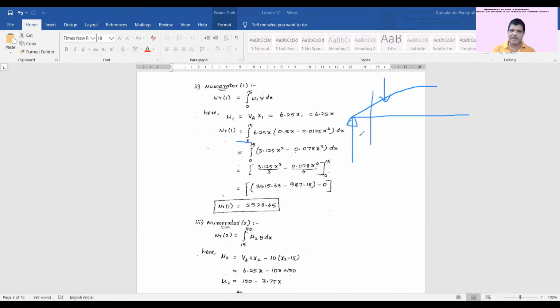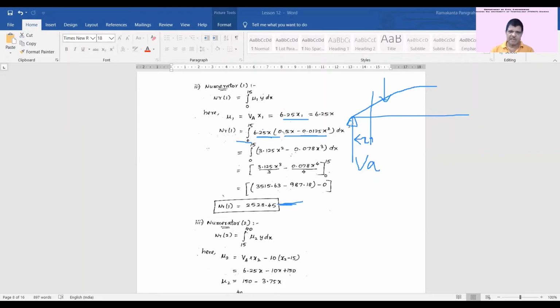Just like a beam, if you take a section at x, this is VA into x. So VA is 6.25 into x. Then you have to put the y value. This is the integral of M y dx. Then you do all the integrations, and we can find the value.